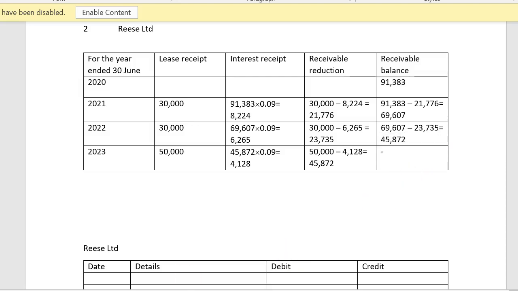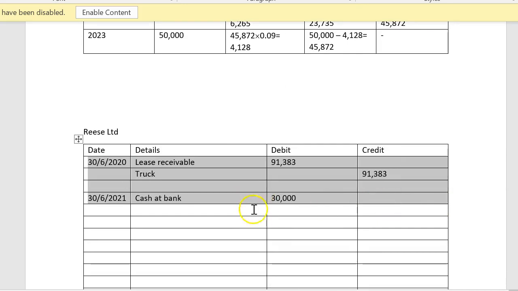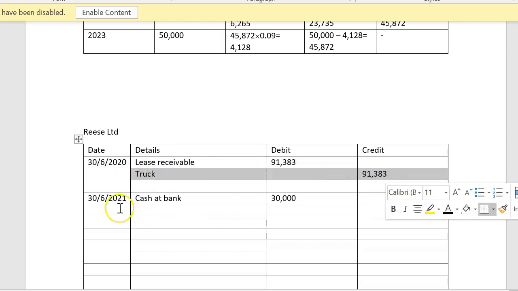There you go. All right, guys, so let's record these entries in the books of Reese Limited at the inception of the lease. Sorry, focus on this. Debit lease receivable 91,383, which is the fair value of the truck, and you credit the truck.